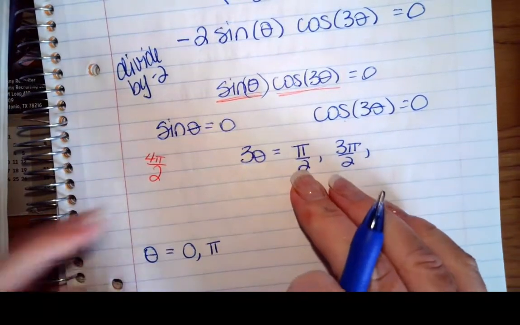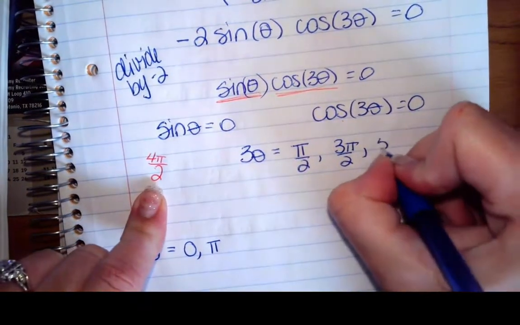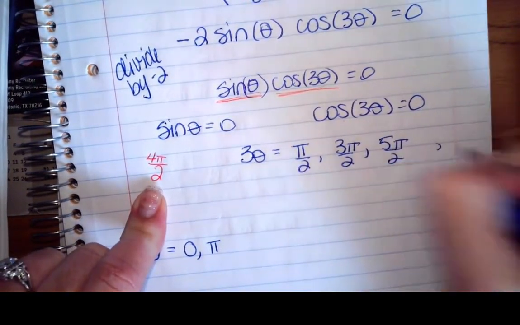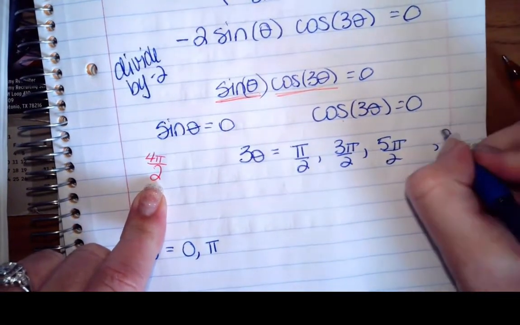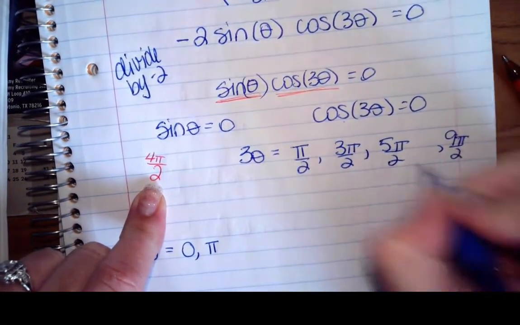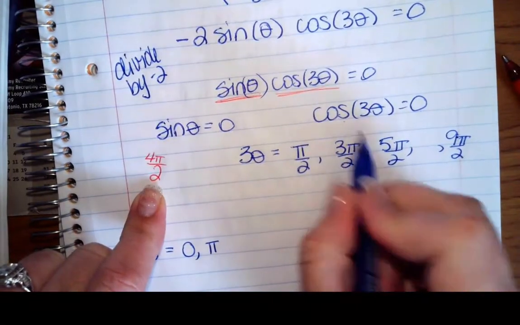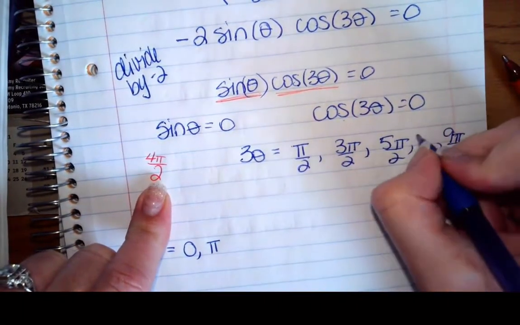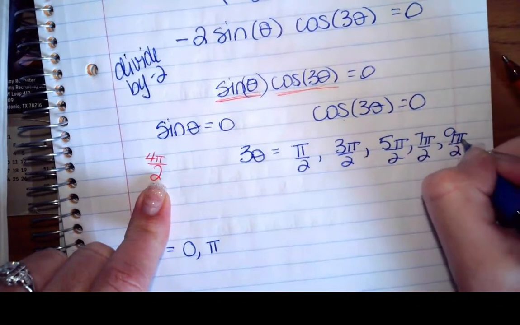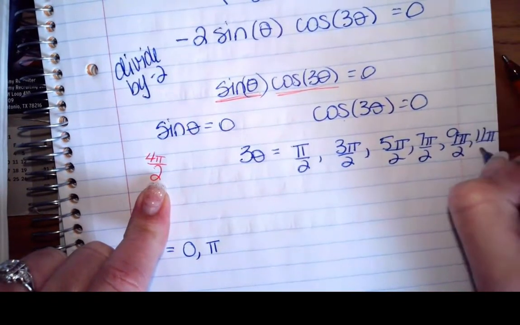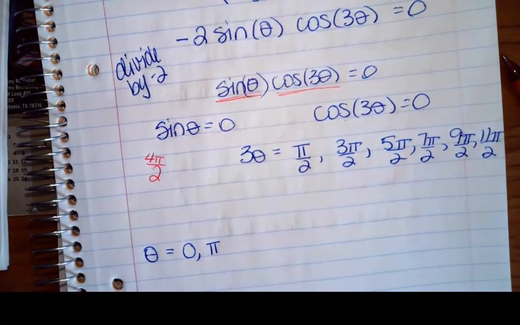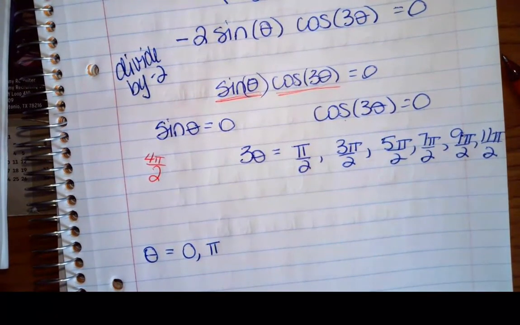So pi over 2 plus 4 pi over 2 is 5 pi over 2. Plus another 4 pi over 2 is 9 pi over 2. And then 3 pi over 2 plus 4 pi over 2 is 7 pi over 2. I don't know if you notice the little pattern here, but you're going in odd multiples of pi over 2.